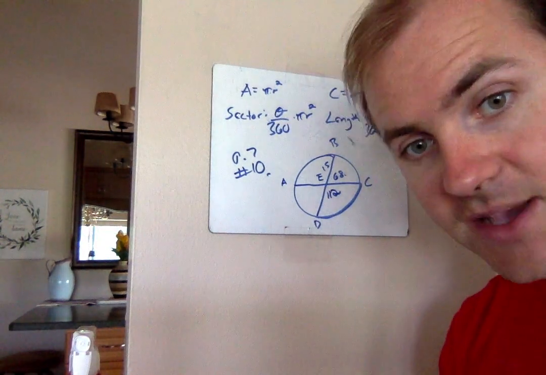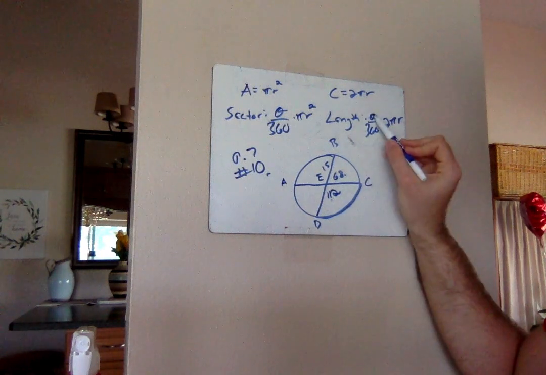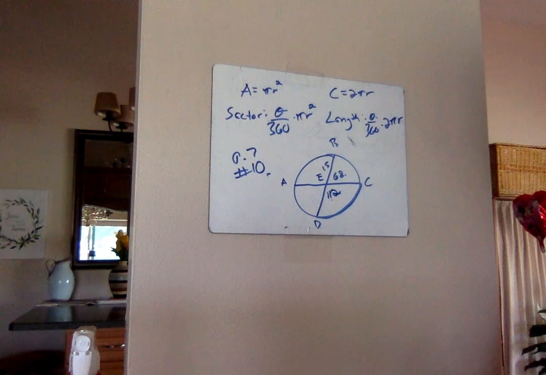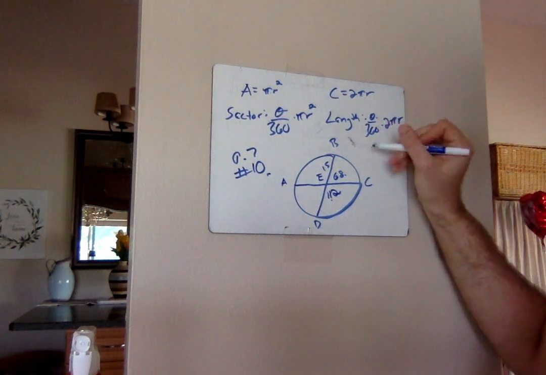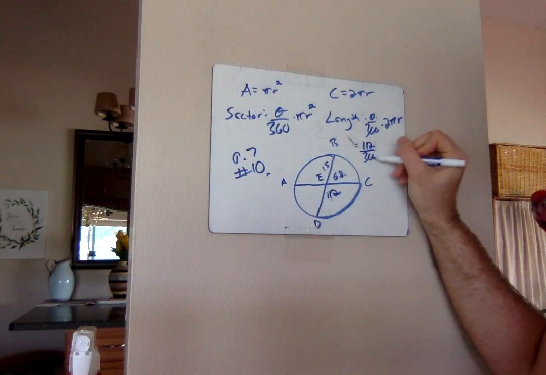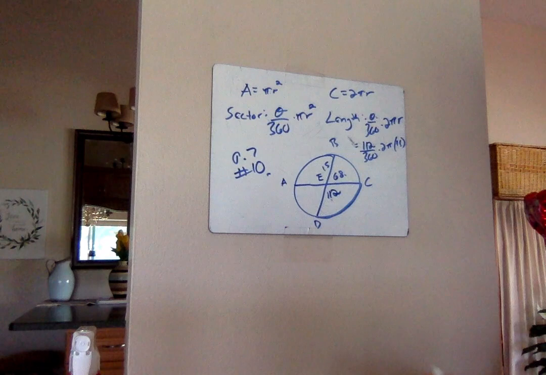So now I'm simply going to plug into a formula. This is my angle, this is my theta. The 15 is my radius. So all I have to do is plug in: 112 over 360 times 2 pi 15.